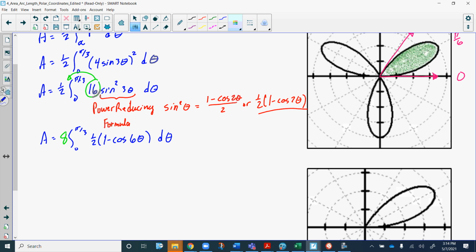One more time, I'm going to pull out this 1/2 as a constant when I move to my next step. So half of that 8 will be 4 times the definite integral from 0 to pi over 3 of 1 minus cosine of 6 theta.